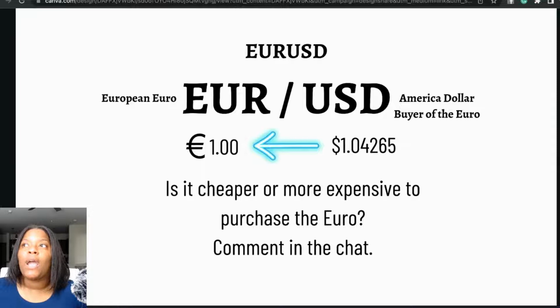I want you guys to think about this right now. In the real world, is it cheaper to purchase the euro or is it still more expensive? Answer that now, because now we're going to put ourselves in the customer view. Let's make that connection once again. Is it cheaper to buy the euro as a consumer or a customer, or is it more expensive? This is about to be a good conversation really quick.